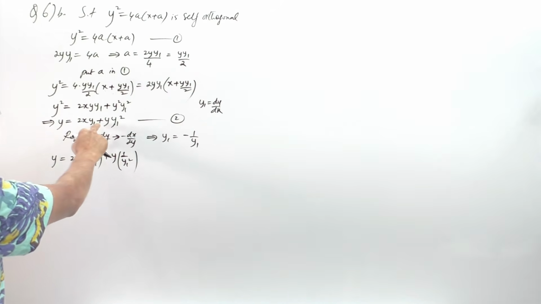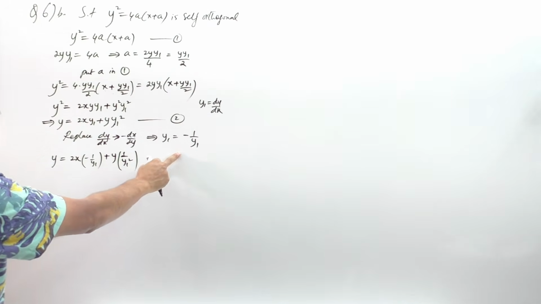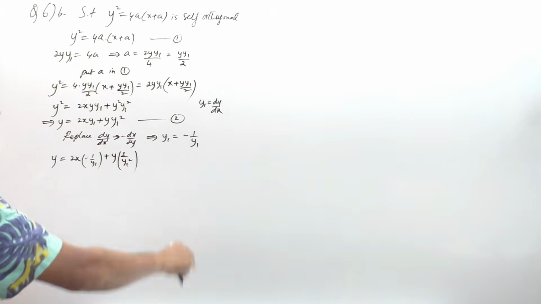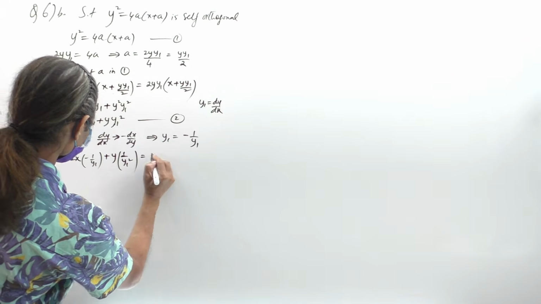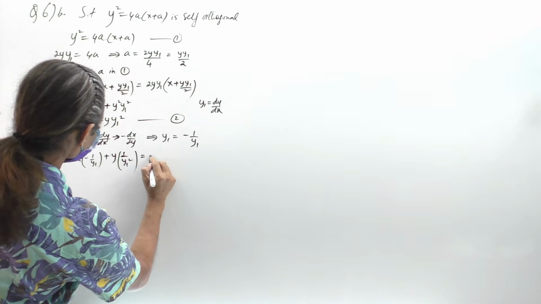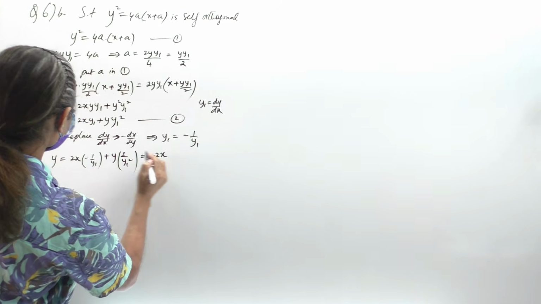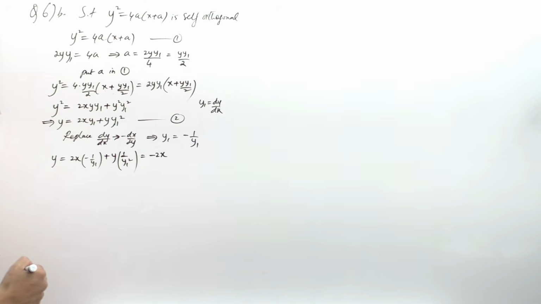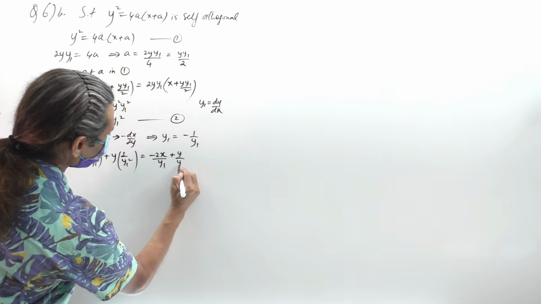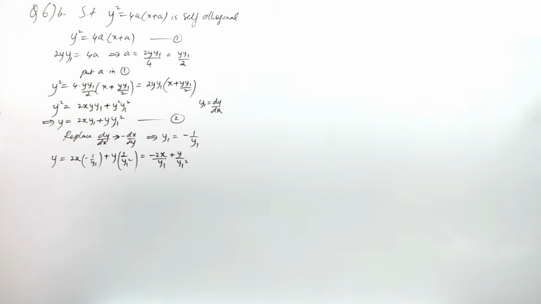So y is equal to 2x into minus 1 by y1, and we have y into y1 square. So this will be now again minus 2x by y1 plus y by y1 square, correct?